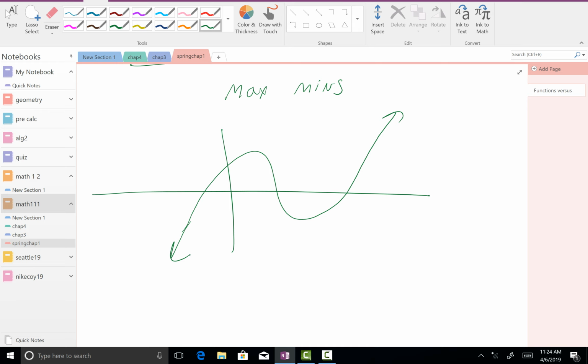So right here, this would be a maximum, and this would be a minimum. But if you listen to what I said, literally you'd say, well, wait a second, this thing's going to keep going, so isn't there going to be lower values in here? Yes, you are correct. That makes it a local minimum. And a local maximum.